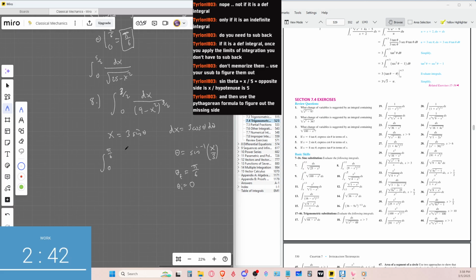And then we just write down the good stuff here. But then it's not going to be the same as last time because we got 3 to the, so it's going to be the square root of 9 sine squared.